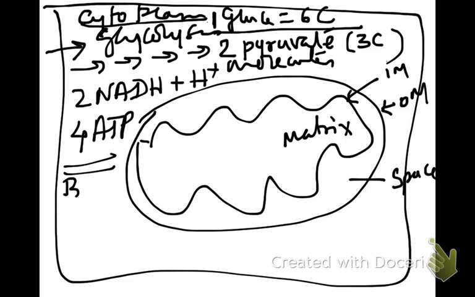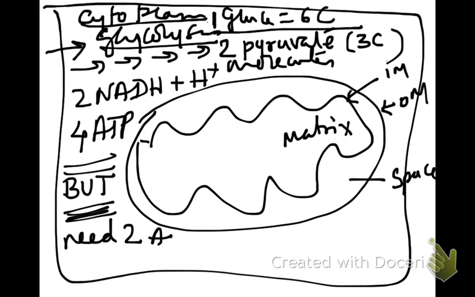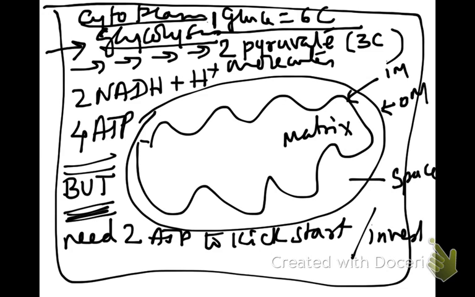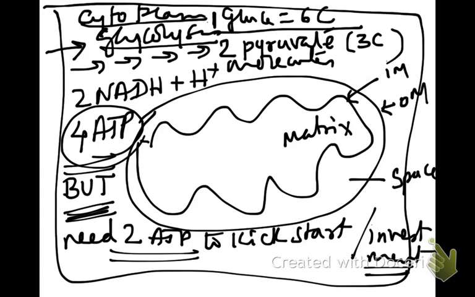But, very important, for kick-starting the process of glycolysis, I needed 2 ATP to kickstart. Like an investment. Because I used up 2 ATP, my net ATP is only 2 ATP. Okay?